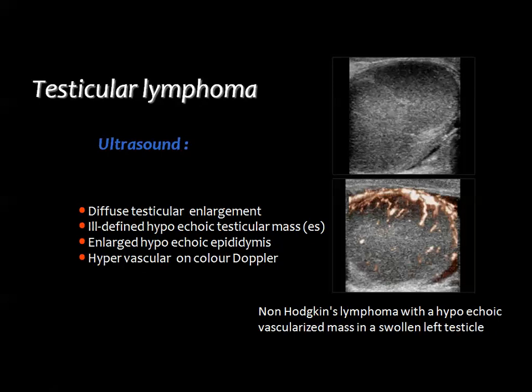The ultrasound is a modality of choice for evaluation of testicular pathology, and you can see diffuse enlargement of the testicle with ill-defined hypoechoic testicular masses or a single mass, and enlarged hypoechoic epididymis with hypervascularity on color Doppler.